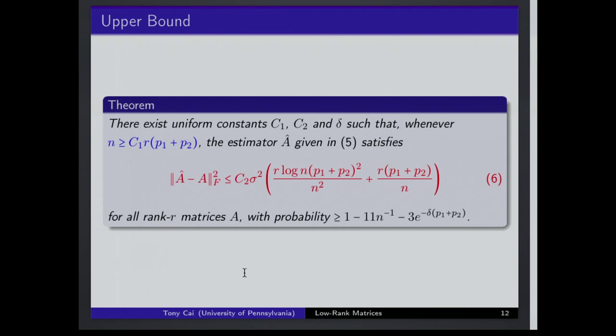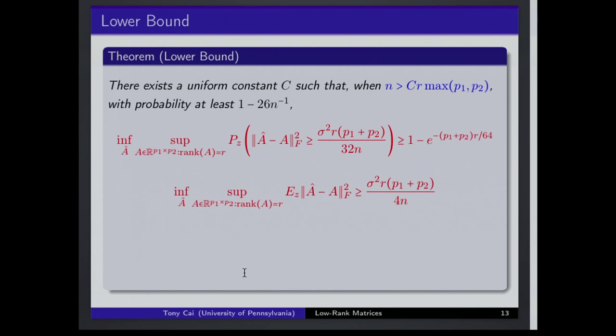So we also obtained some lower bound result. And the lower bound result shows that over all possible methods, A hat, the chance that the error is greater than this quantity is basically going to 1. So in other words, you can never be much better than this.